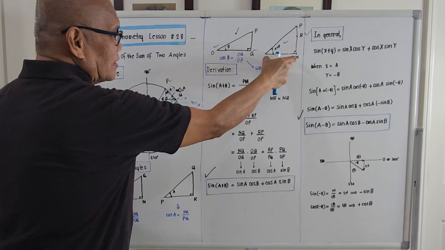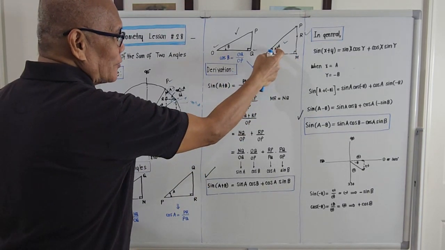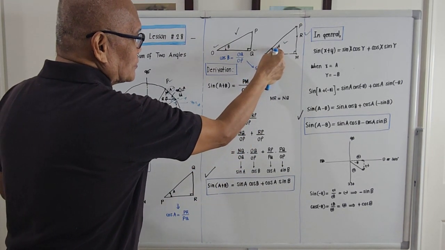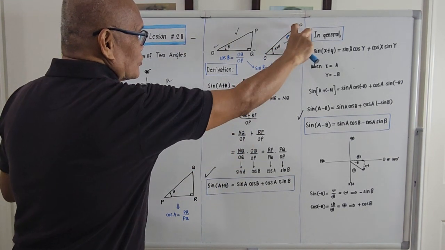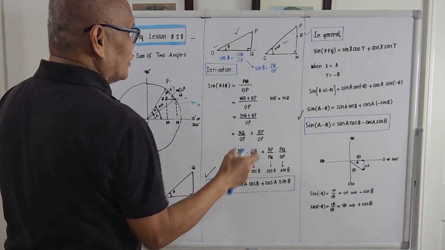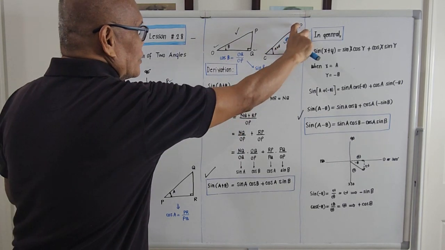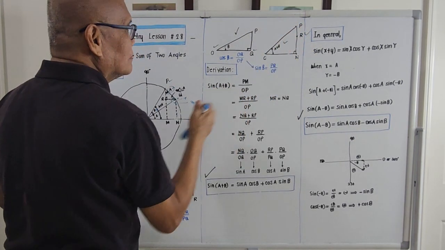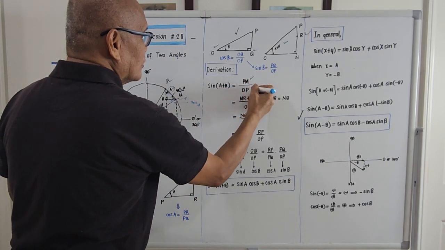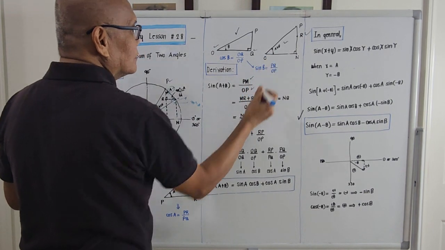Considering this triangle here, in which the included angle inside is the sum of angle A plus angle B. This is the opposite side, this is the adjacent side, this is the hypotenuse. So if we take the sine of this one, it should be opposite over hypotenuse, right?